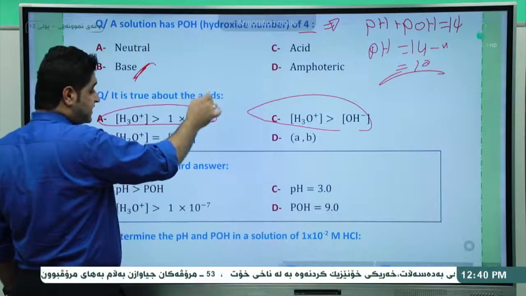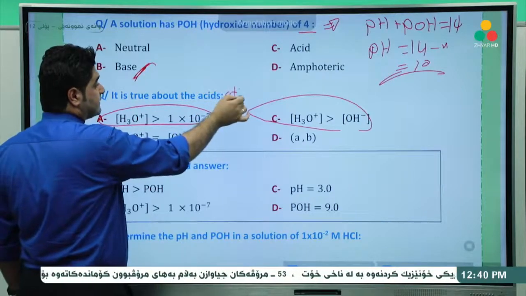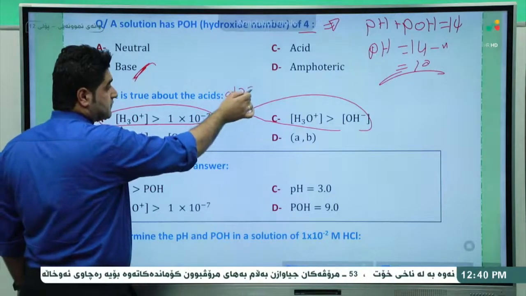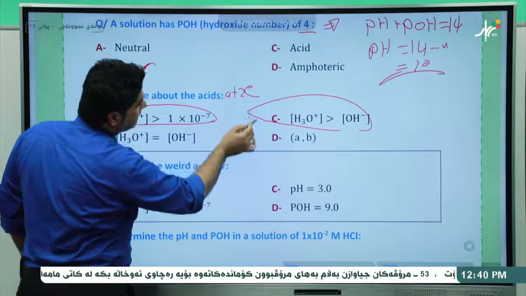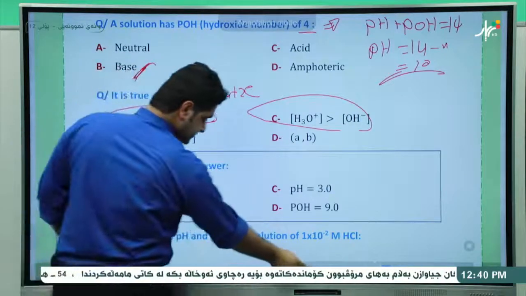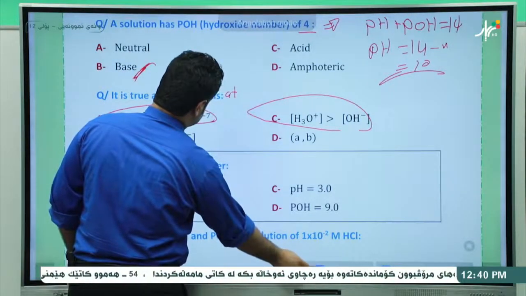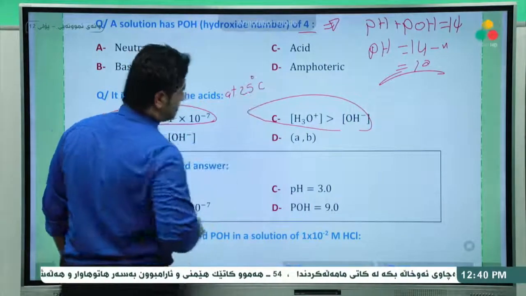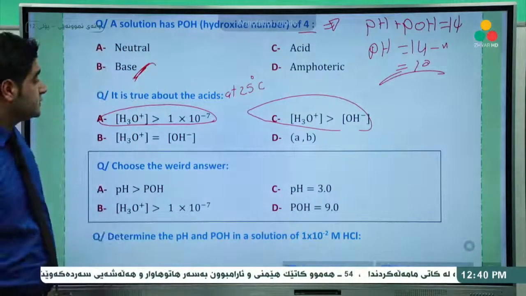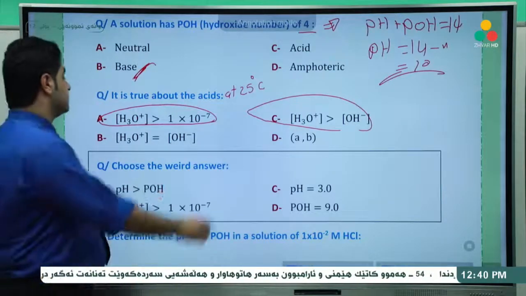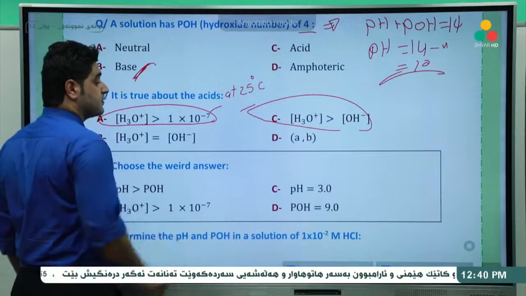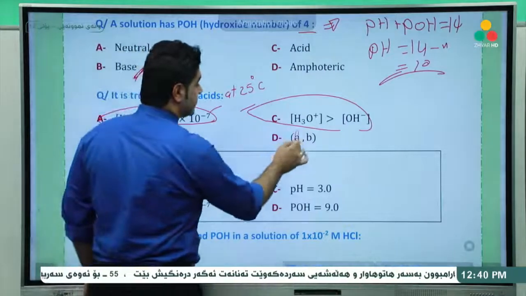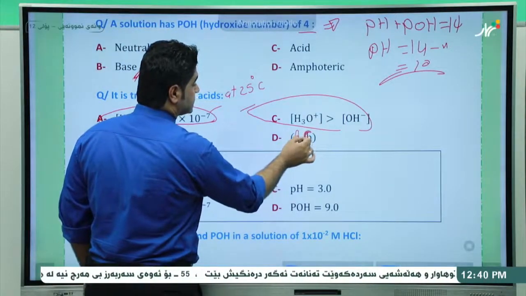So let's write, it's true about the acids at 25 Celsius degree. At 25 Celsius degree, so it's true and it's true. The right answer is A and C.